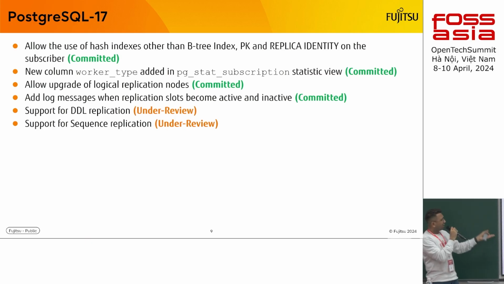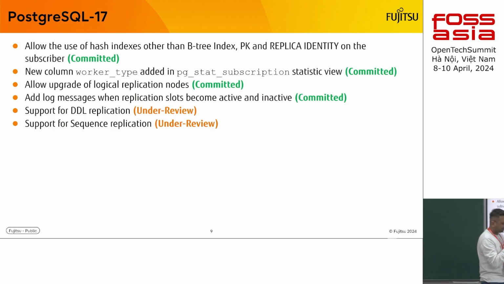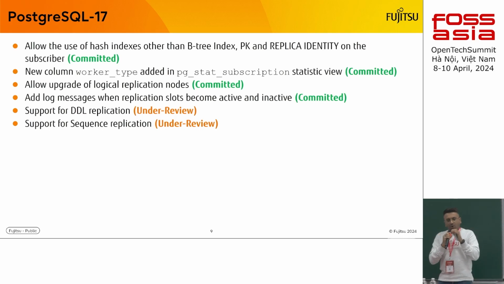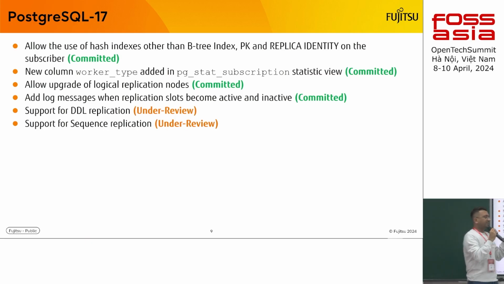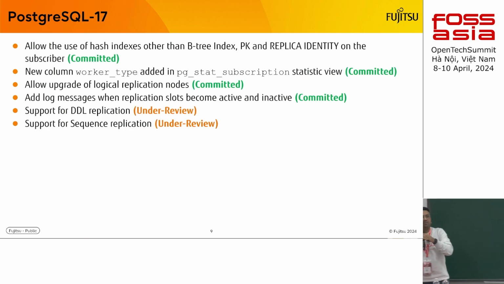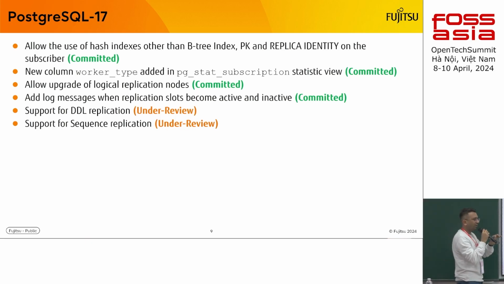Next one is add log messages about the replication slot. Till PostgreSQL 16, all the replication slot details are recorded inside the pg_replslot directory, and all the information is stored in binary format, which cannot be read by a human.